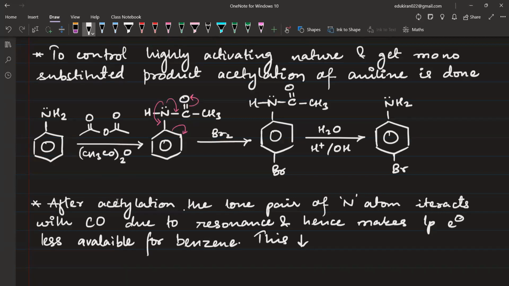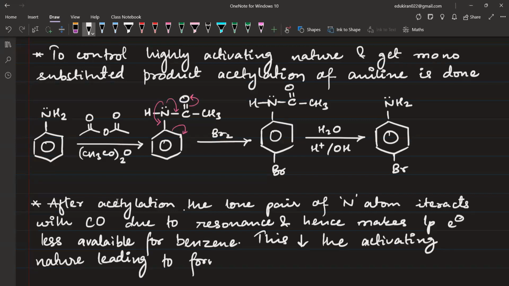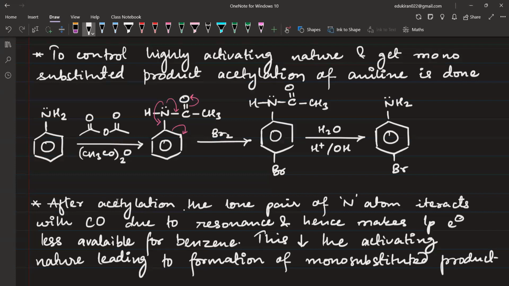This decreases the activating nature, leading to formation of monosubstituted product.